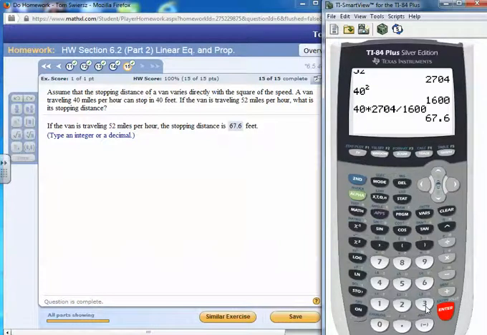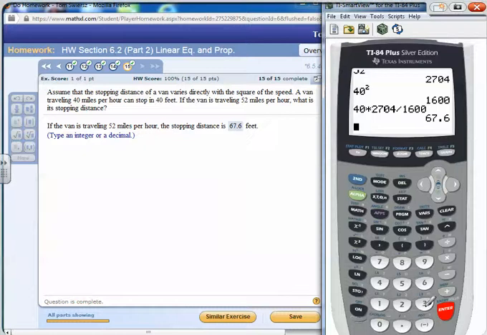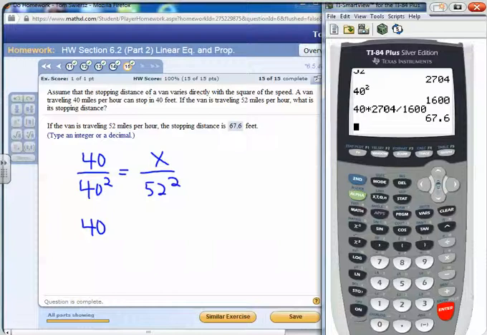So what I'm saying there is you could have multiplied it out first. You could have had the stopping is 40, the speed is 40 squared, and then the stopping is we don't know, and the speed is 52 squared. So 40 squared was 1600, and 52 squared was 2704.